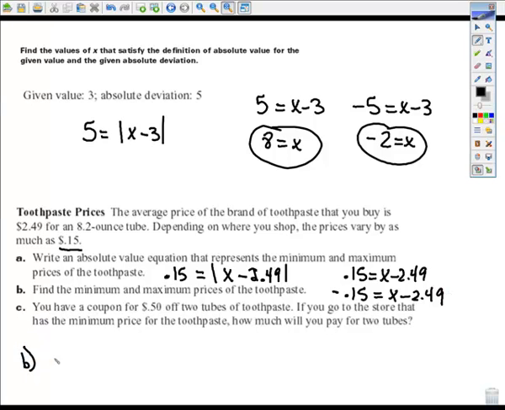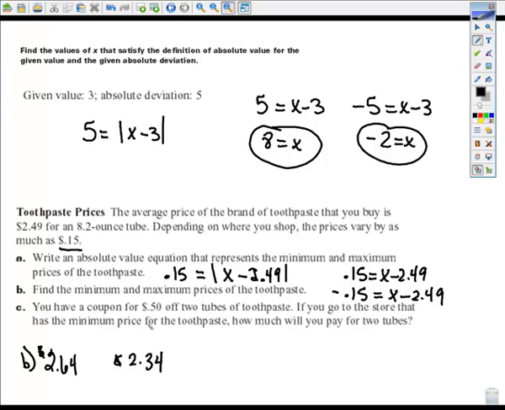So we'll put B right here. It can range from $2.64, and if I take the $2.49 and add it to the negative 15 cents, it can go down as low as $2.34. So it can cost anywhere in between here because that's what it can vary.